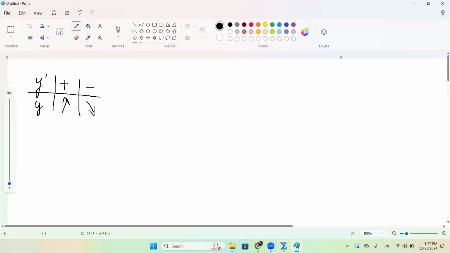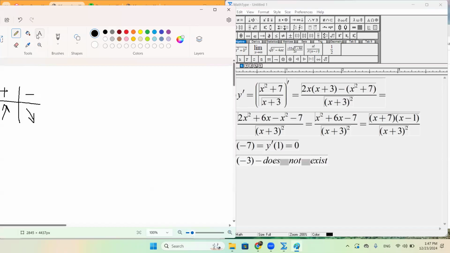So now let's solve it with the interval method. We need to investigate the signs of y prime. So here y prime, and here we will write y. Which points are interesting for us? Minus 7, then minus 3, and 1.